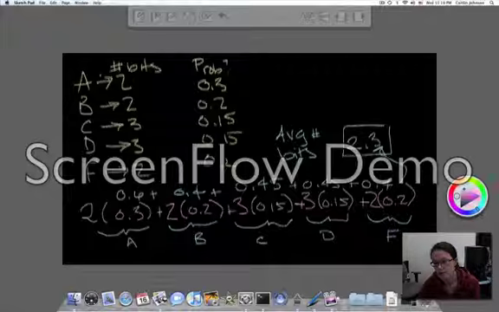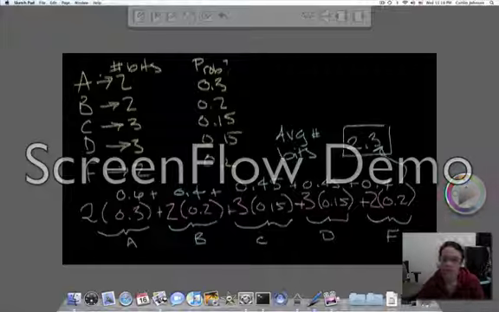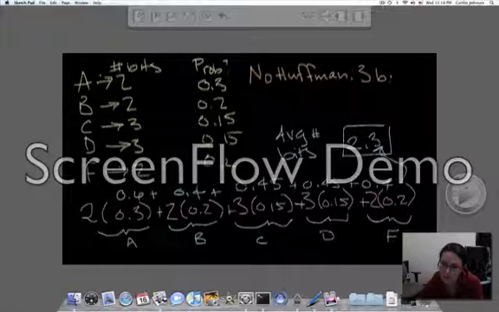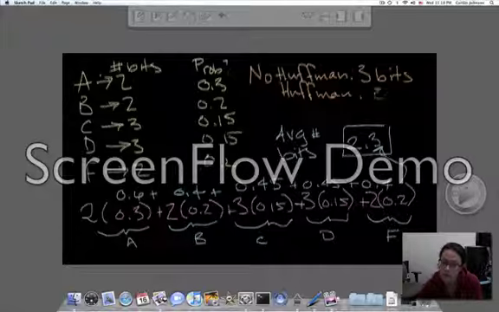Just to tie it all together, in the beginning with no Huffman we had 3 bits per symbol, right? Now with Huffman we have 2.3 bits.